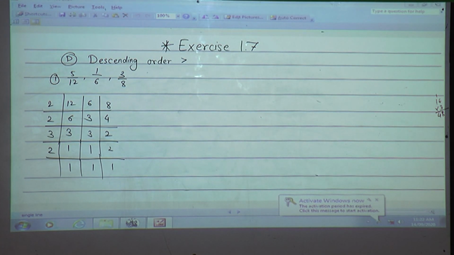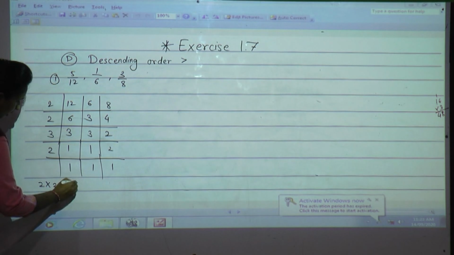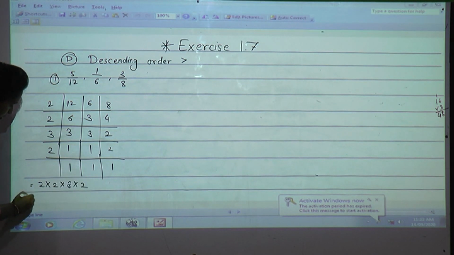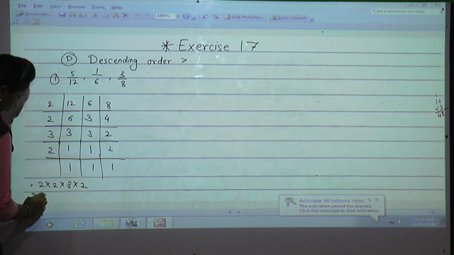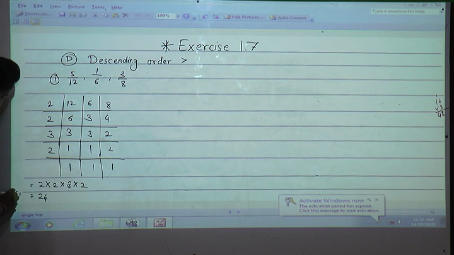So the multiples of these three numbers are 2 multiplied by 2 multiplied by 3 multiplied by 2. Now multiply. 2 2s are 4. 4 3s are 12. 12 2s are 24. This is what? LCM.